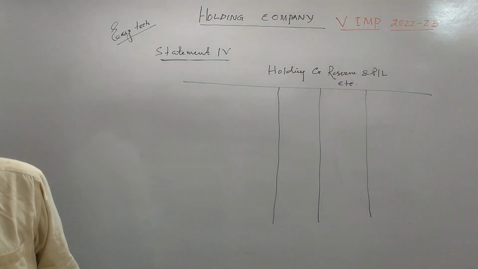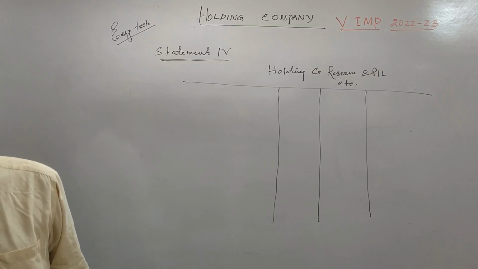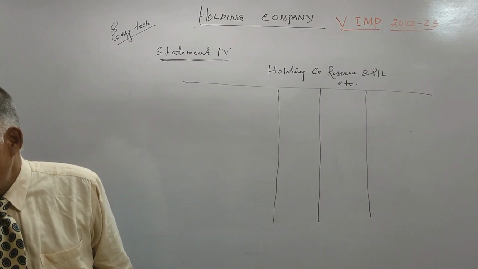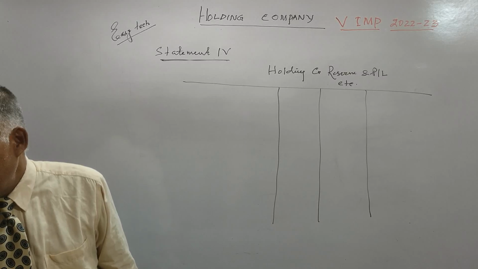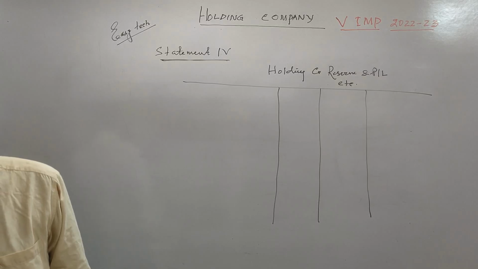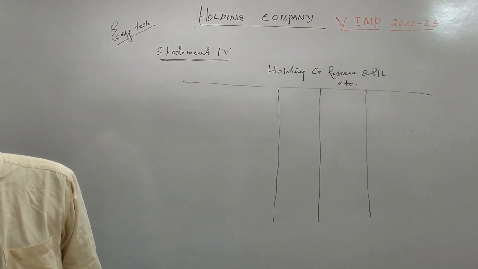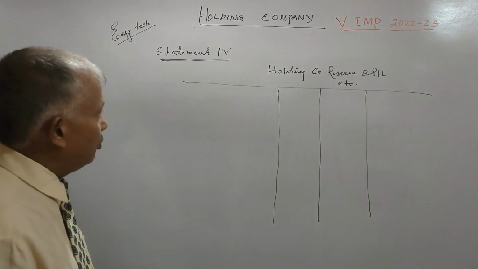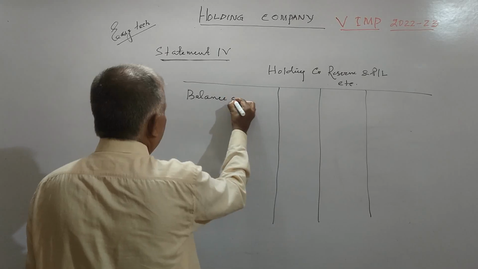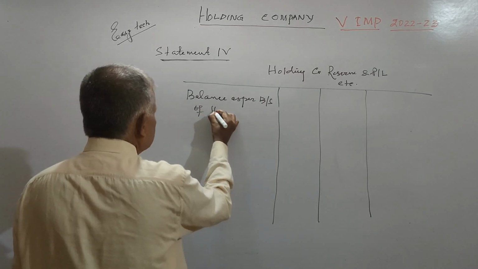In the balance sheet, if you go through the question, you will see in the balance sheet there was a capital reserve and the capital reserve was 1 lakh by holding company. This is balance as per balance sheet of H Limited.